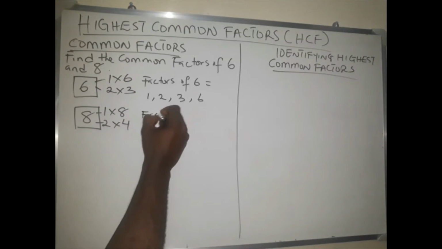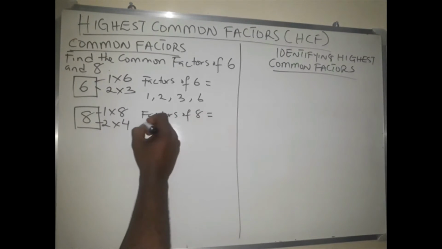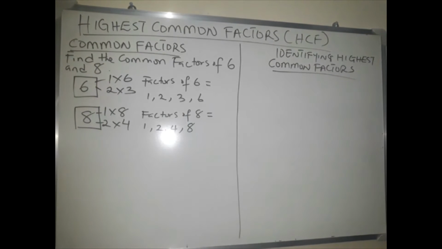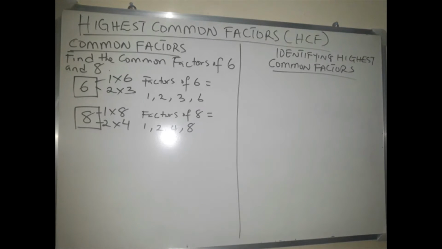So the factors of 8 are 1, 2, 4, and 8. Now we've outlined the factors of 6 and the factors of 8. But the question is, find the common factors of 6 and 8. To do that, we have to identify those factors which are in 6 that are also in 8.